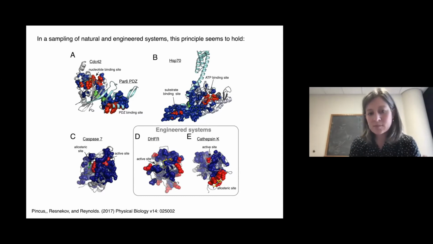We see something similar in the caspases, and this is also true in a couple of engineered systems, the DHFR system that I just showed you, and also cathepsin, where another group engineered a cathepsin inhibitor based on the idea that they were going to target these sector connected sites.